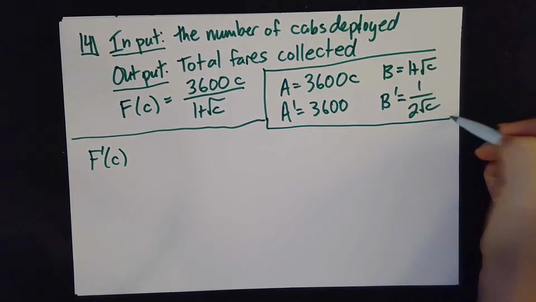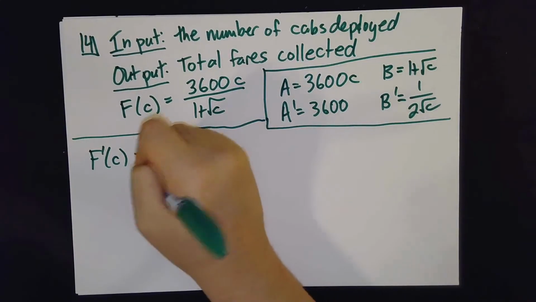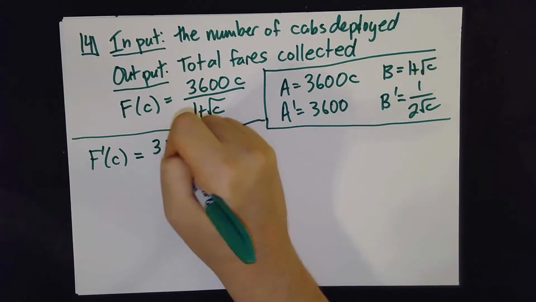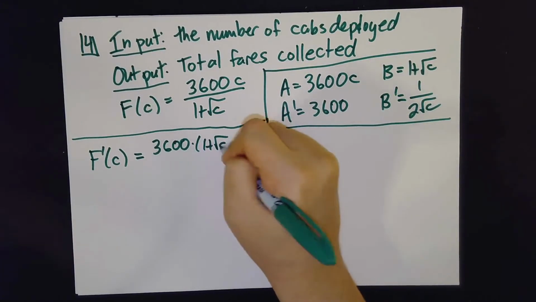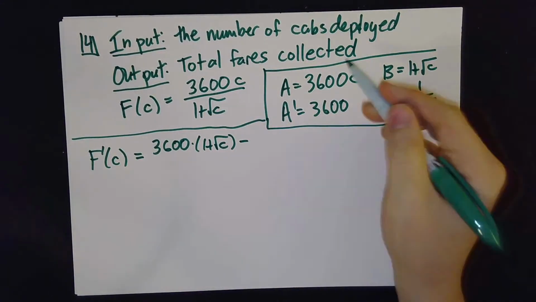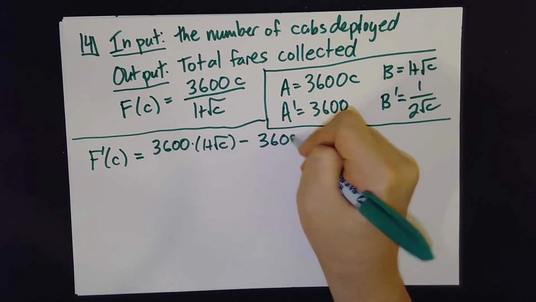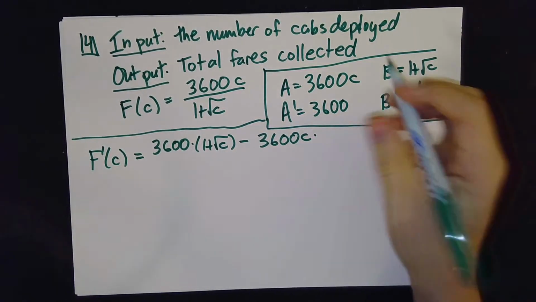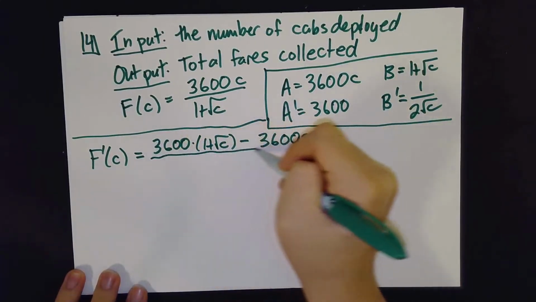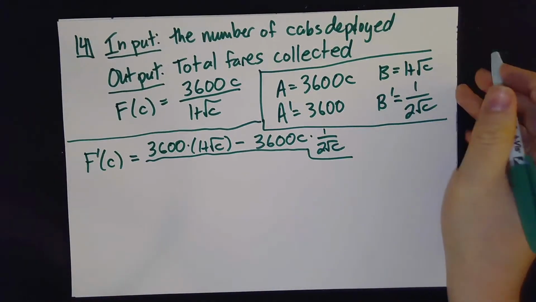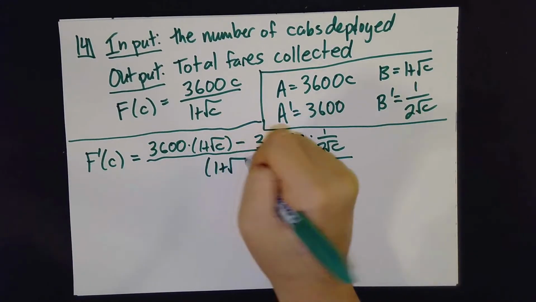So f prime of c here should be 3600 times 1 plus root c, minus 3600c times 1 over 2 root c, all divided by 1 plus root c squared.